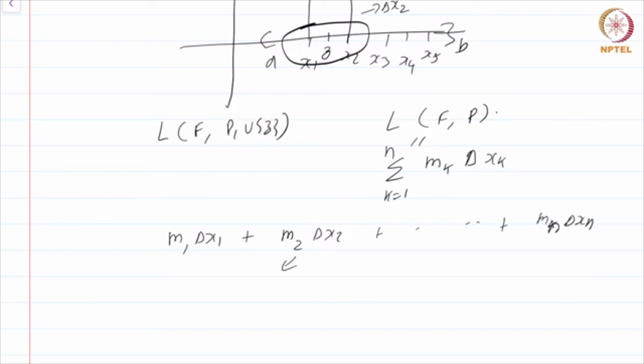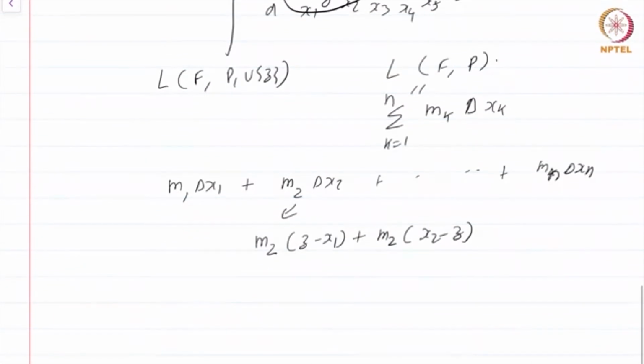I can rewrite m2 delta x2 as m2 times (z minus x1) plus m2 times (x2 minus z). I'm just rewriting delta x2 as (z minus x1) plus (x2 minus z). That's all I have done.